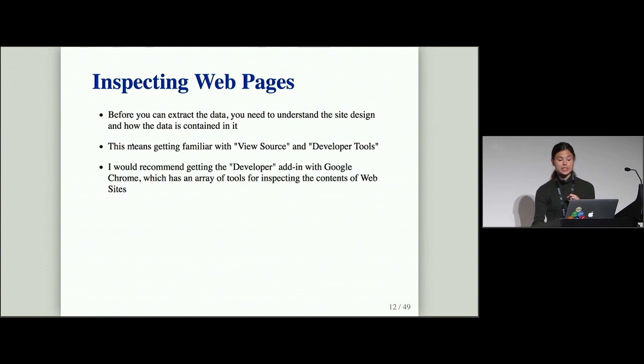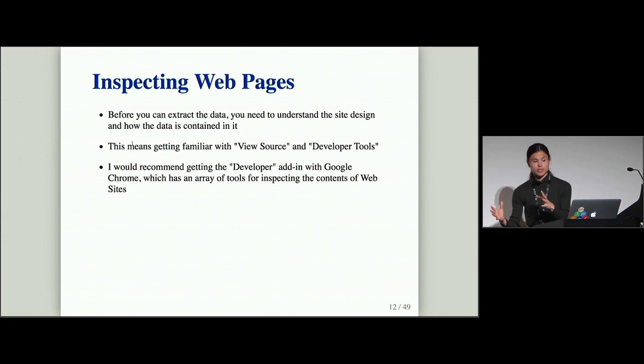In doing this, you're going to need some other tools outside of R to really understand which R scraping methods are most appropriate for the data that you have. For that, I would suggest finding the developer tools for your browser of interest. I think Chrome is particularly good at the kind of developer tools that they provide, and those are the examples that I'm going to be presenting, but I think any browser will have a similar set.